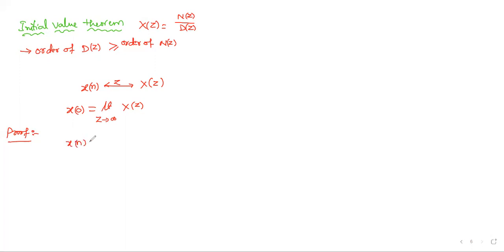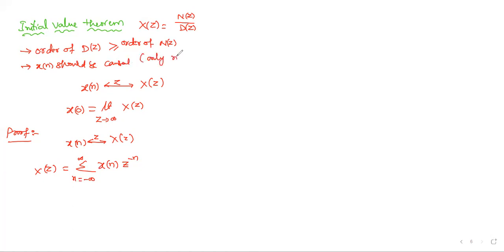x of n has z transform X of z. What is X of z? X of z is the summation from n equals minus infinity to infinity of x of n z power minus n. And one more thing, if you want to apply this initial value theorem, x of n should be causal. What is meant by causal?